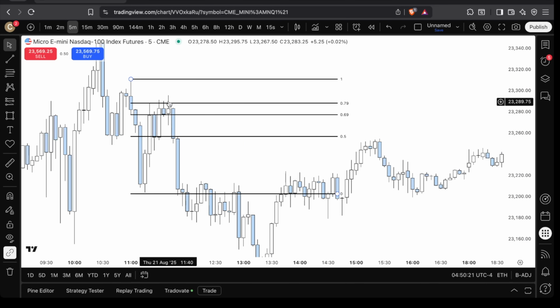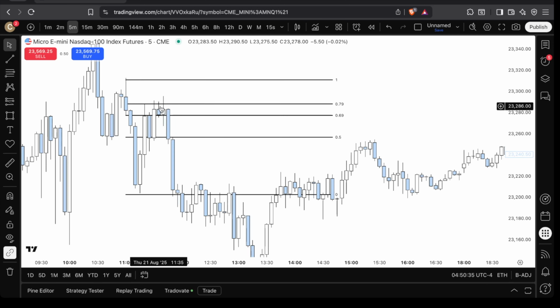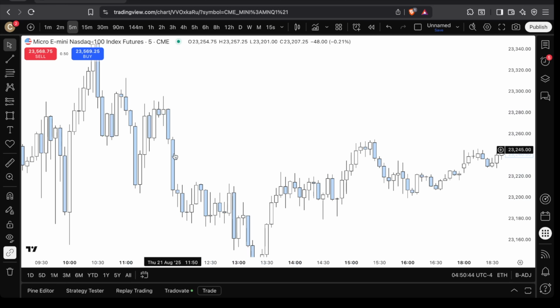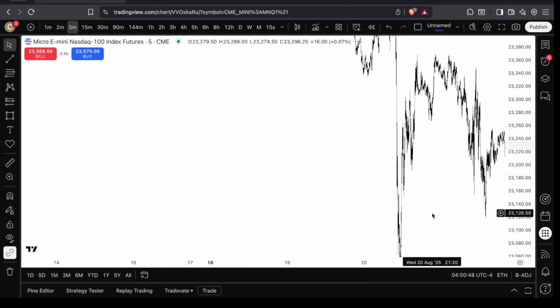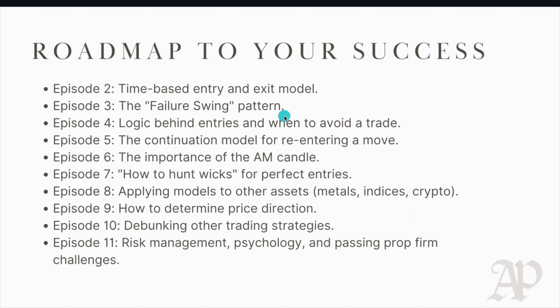Because the 79% is a lot better, because that is the golden zone, than the 0.5. But still, if you catch trades in the 79 zone, 69 zone, that is perfect. Still, if you catch them in a 0.5 zone, because that is also what needs to happen, and you are doing everything correctly. So that was it for this video.